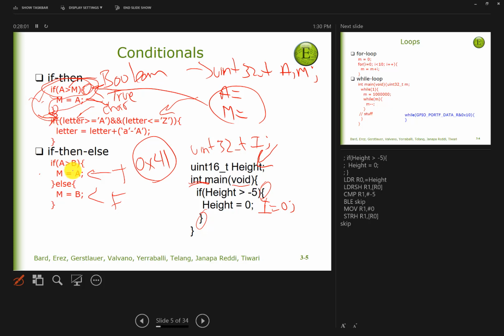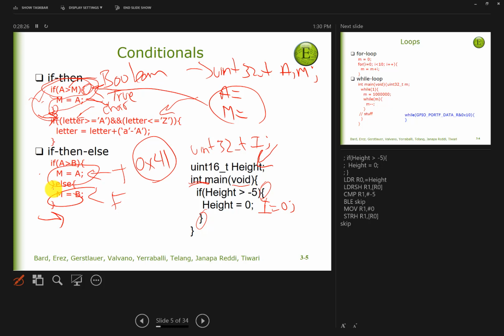With the else, you execute this part if it's true, because there's only two choices. If it's false, you execute that, and in both cases, you end up here. Did I answer your question?